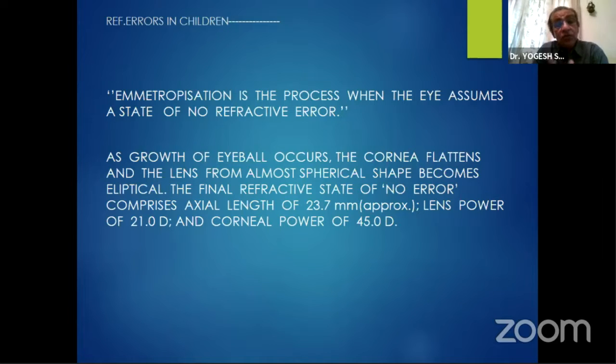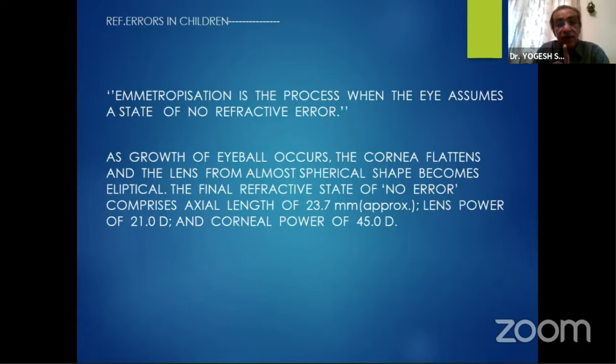As growth of the eyeball occurs from 17 millimeters at birth to around 24 by 8 years of age, the cornea flattens and the lens, from almost a spherical shape, becomes elliptical.